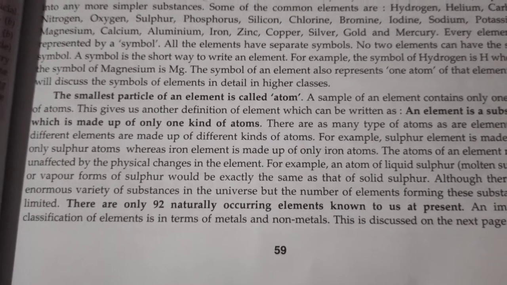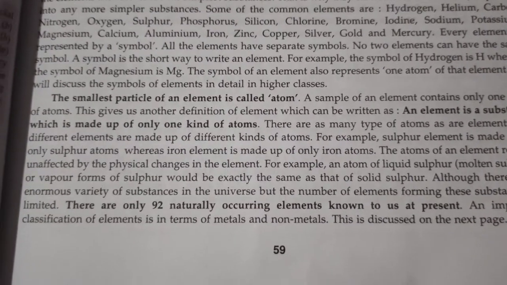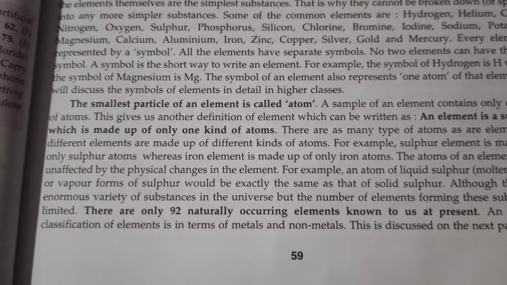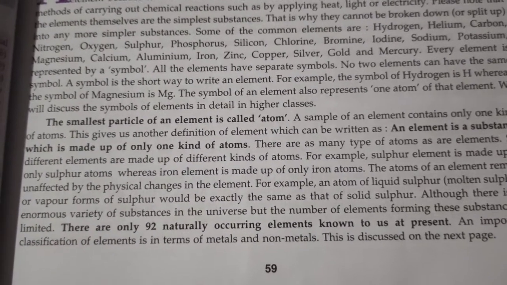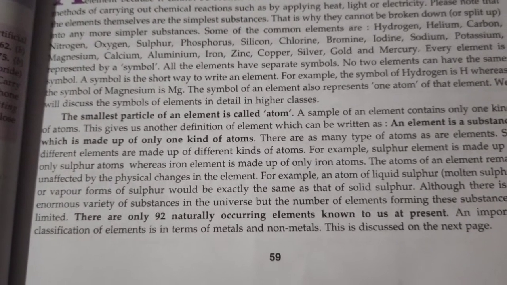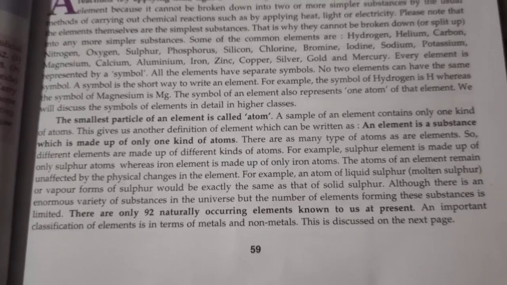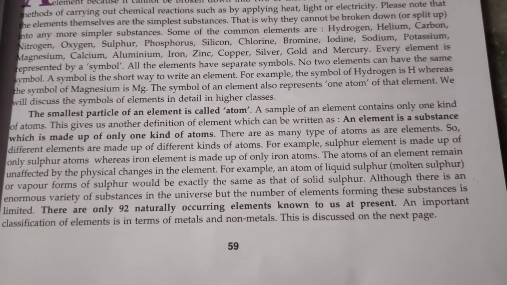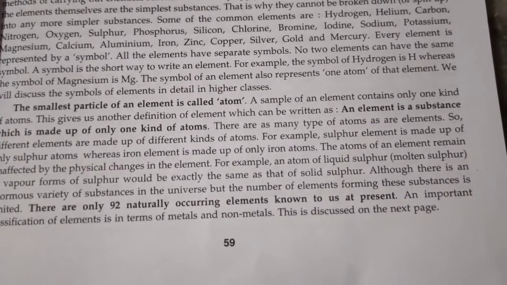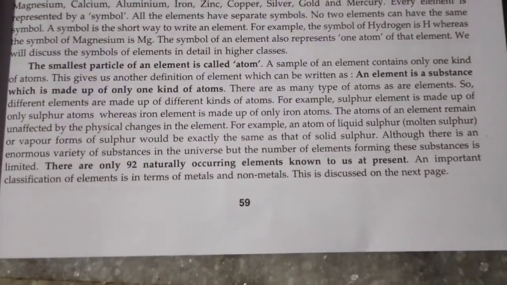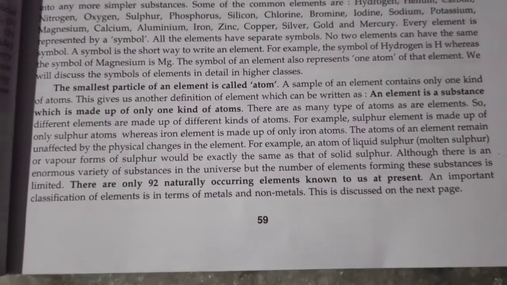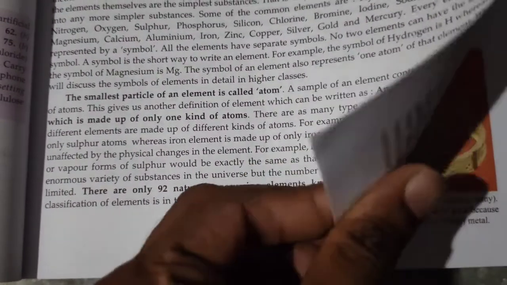If I am taking iron, it has only iron atoms. This gives another definition of an element: an element is a substance which is made up of only one kind of atom.